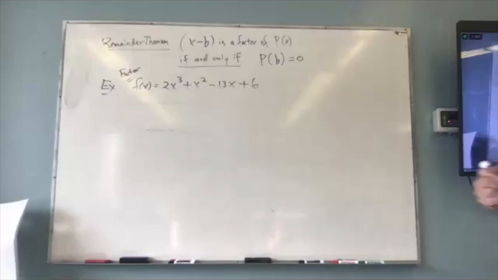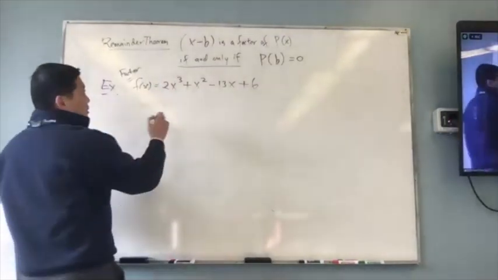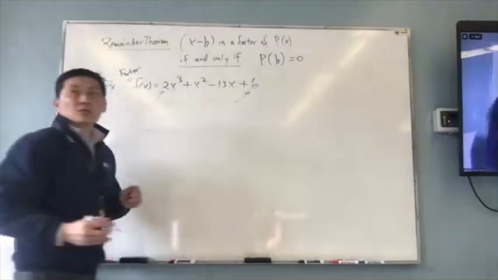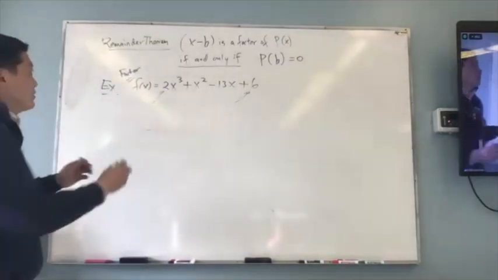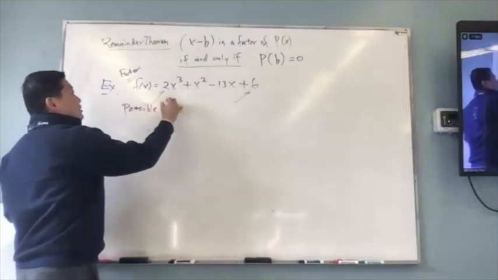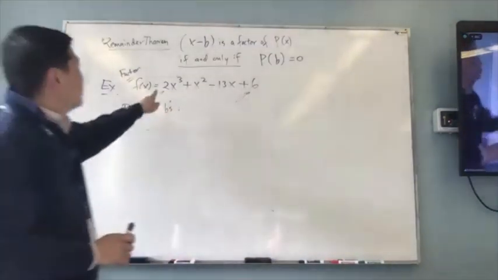But what we notice is that there are some telltale signs, particularly looking at the lead term and the last constant term. There are some possible b's, and they are all usually the factors of these two numbers.